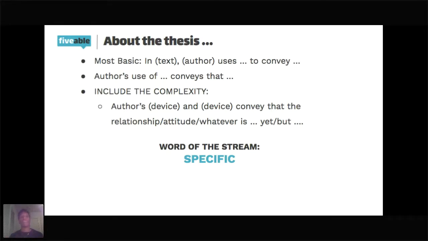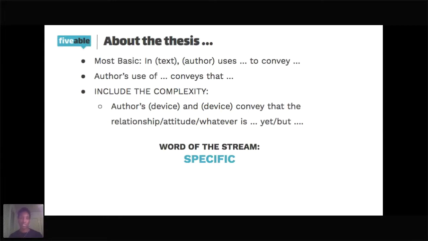Or the author's use of simile and metaphor conveys that the two characters are committed to achieving their mission, however, they also are facing obstacles. If you make sure that there's a "that" in there, then you're establishing a defensible thesis, and that is going to get you your thesis point. So keep in mind, THAT: get it in there and you will be more likely to establish a defensible thesis.